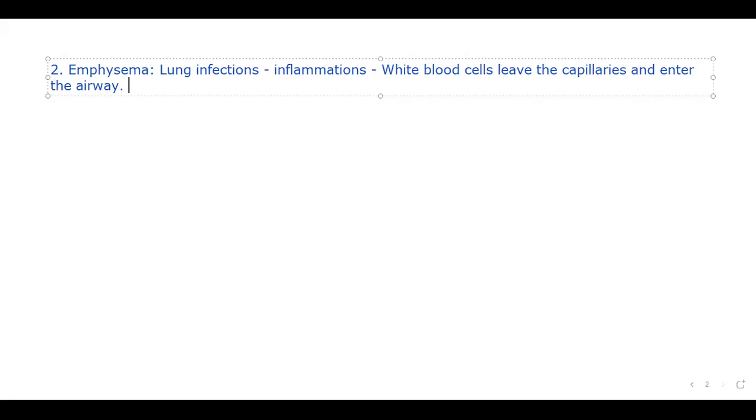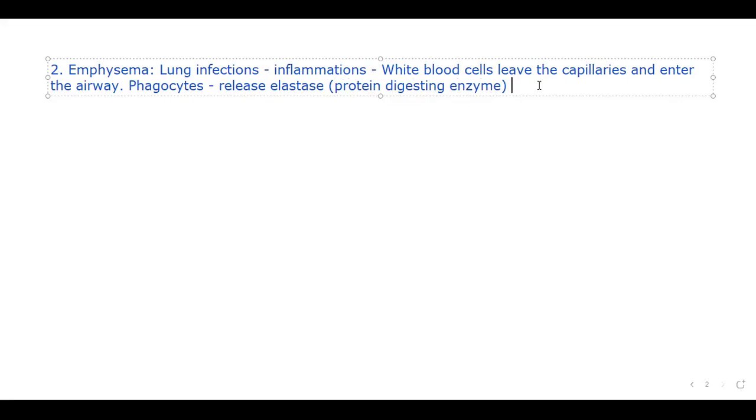Now, for the white blood cells to reach the airway, they need to release an enzyme. That enzyme is known as elastase. Especially phagocytes from the white blood cells release elastase. Elastase is a protein digesting enzyme. Why do they even need to release this enzyme? Because where is the bacteria located?